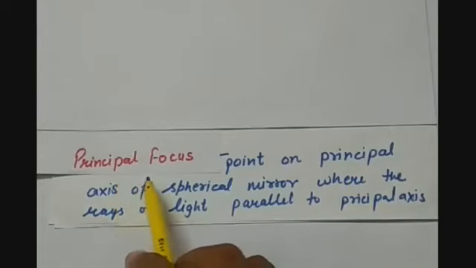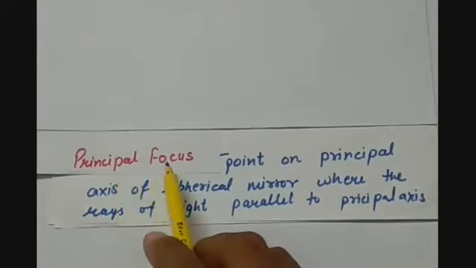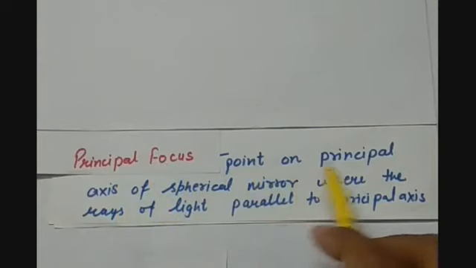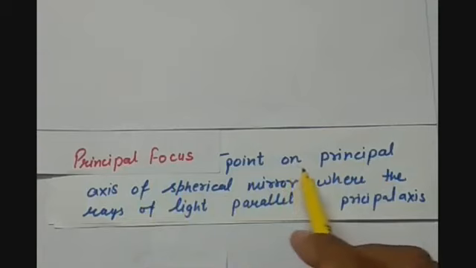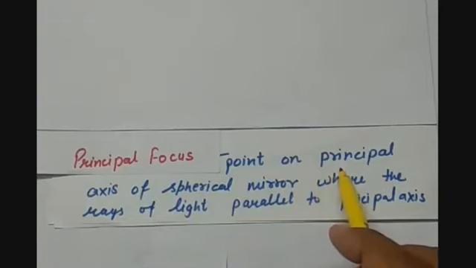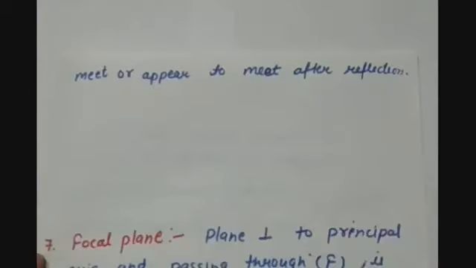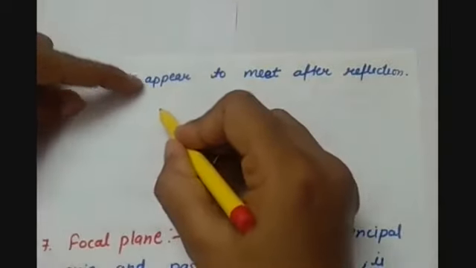Then we have our principal focus. Principal focus is the point on principal axis of spherical mirror. Remember, it is placed at the principal axis, where the rays of light coming parallel to the principal axis will meet after reflection. Now, as we have two types of mirror, one is concave.